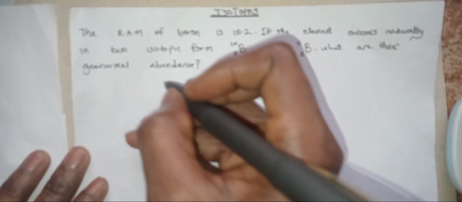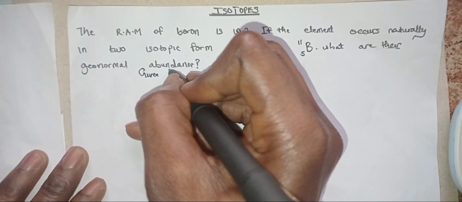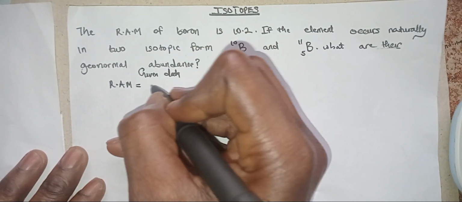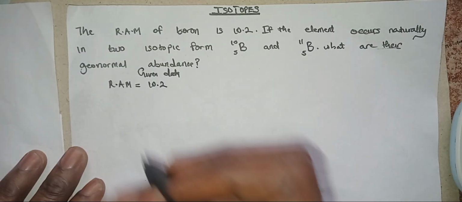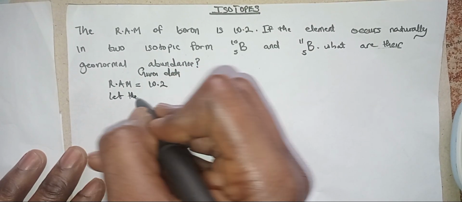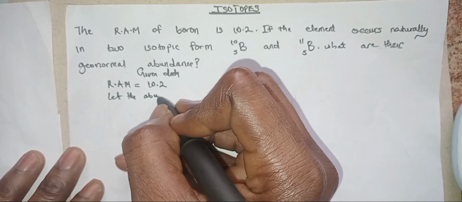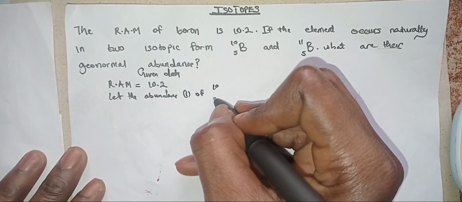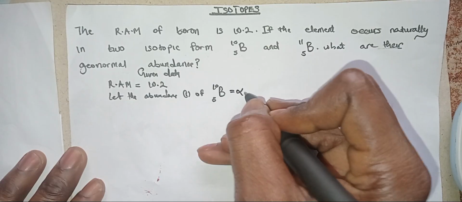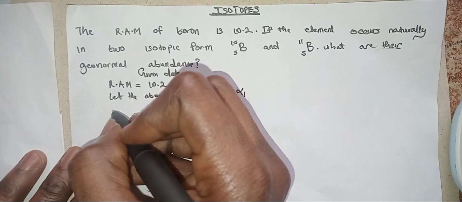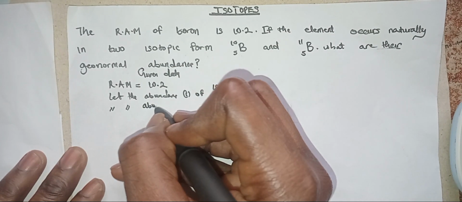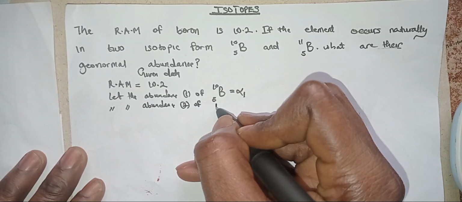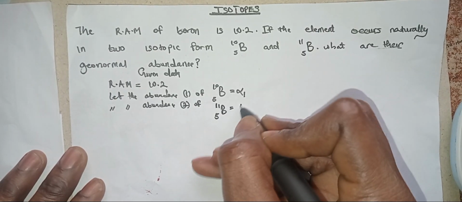So the first thing, let's write our given data. We are given the relative atomic mass to be 10.2, and let the abundance of 10, 5 be abundance 1, and also let the abundance of 11, 5 be abundance 2.